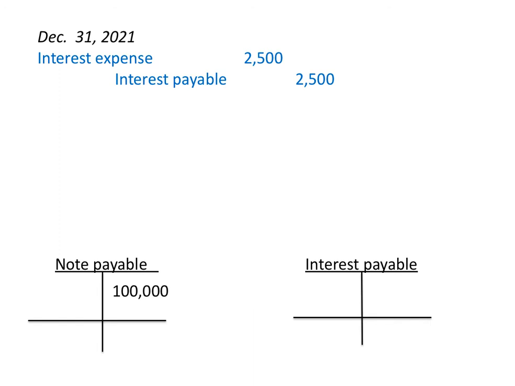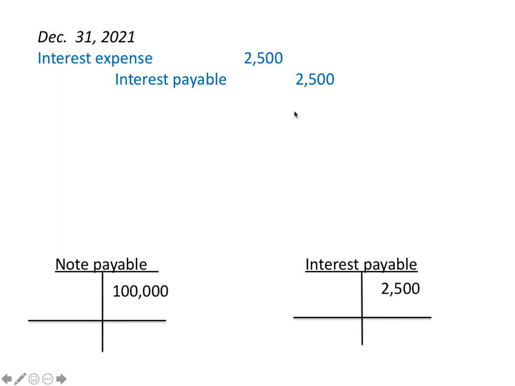On December 31st of 2021, Marathon will accrue the amount of interest related to the 3-month time period that the note was outstanding. $2,500 will be debited to interest expense, thus having it reported as an expense on the income statement for the year, and crediting interest payable.